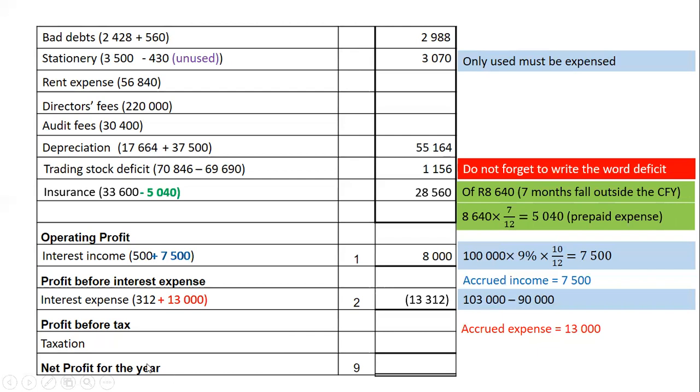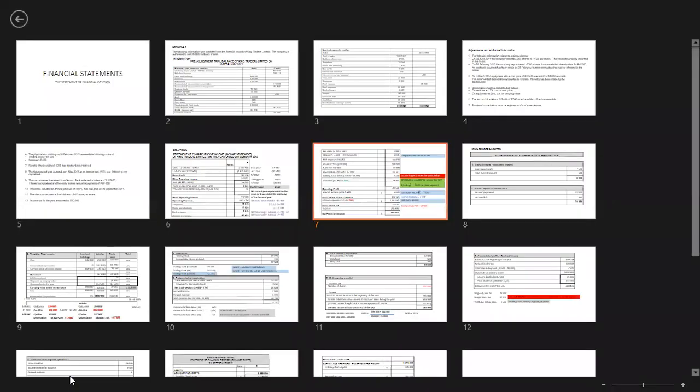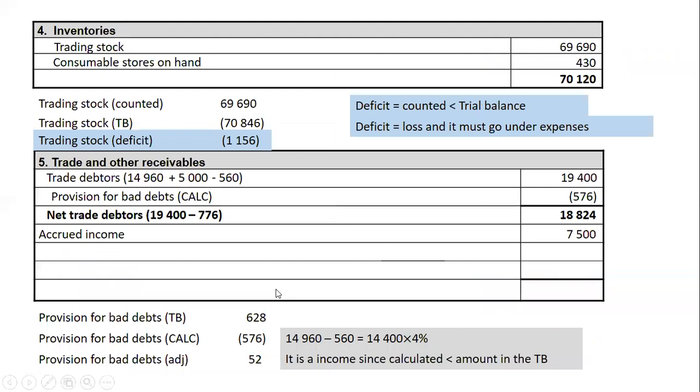The 5,040, because it represents a prepayment, means we will be covered in the future, so there won't be any money going out. It will be recorded as a current asset in trade and other receivables, and we're going to have it there as 5,040.